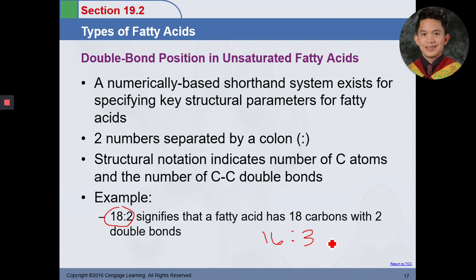So always remember this two-number notation for fatty acids. The first number tells us how many carbon atoms are present in the chain, and the second number tells us how many double bonds are present in the chain.